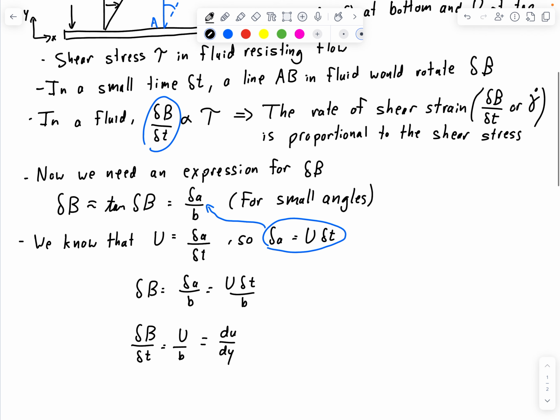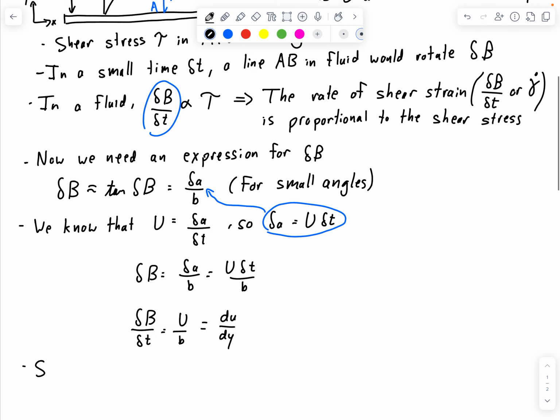So what does this tell us? This tells us that the shear stress in a fluid, tau, is proportional to delta beta by delta t, and we found that tau is therefore proportional to du by dy.